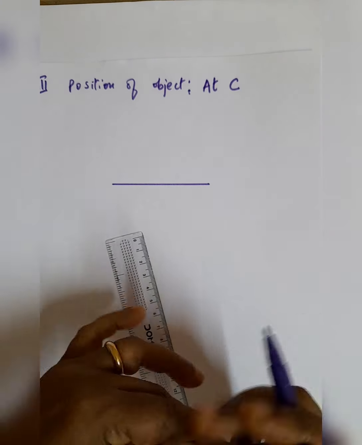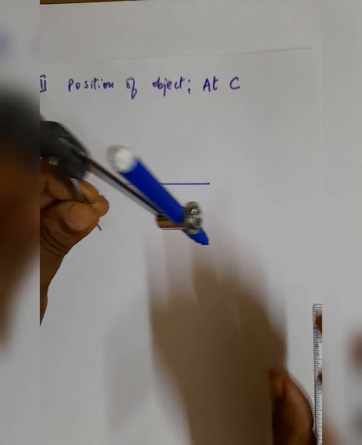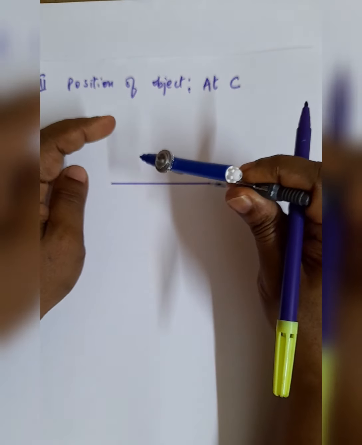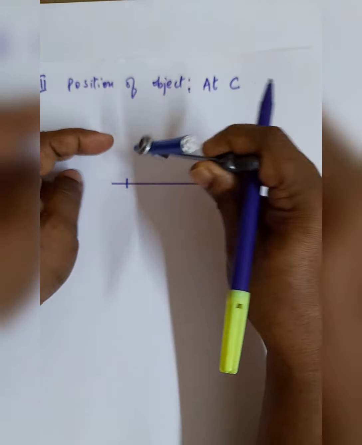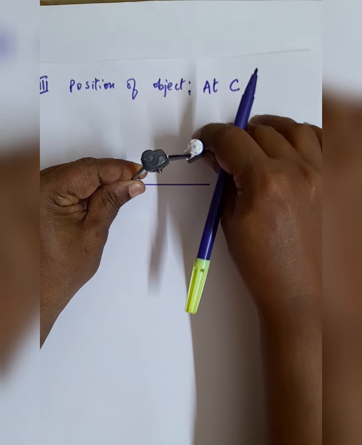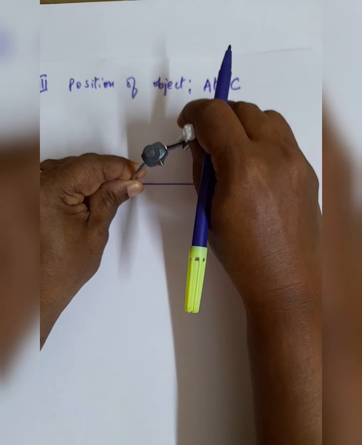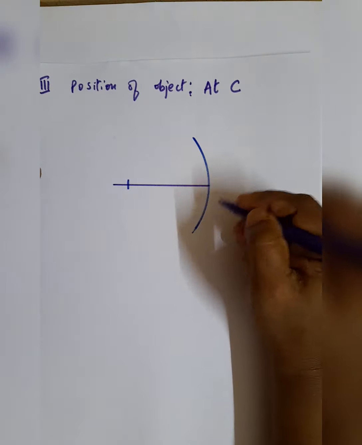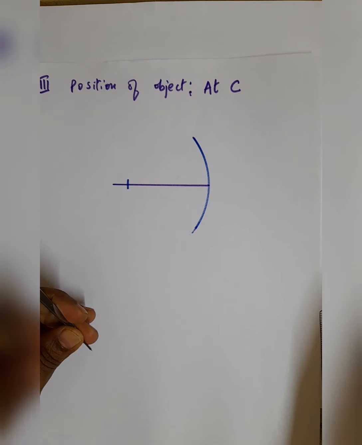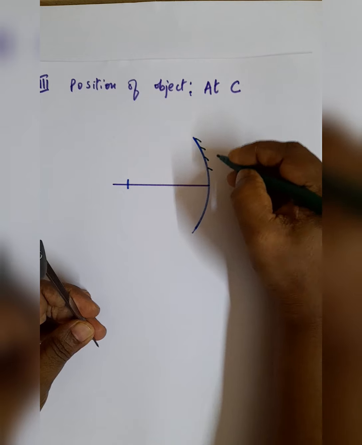I take 6 centimeters. If you're taking 6, take always 6, otherwise you'll get confused. You may take 5 also, you may take 4 also. Draw the mirror, the concave mirror. The inner side is reflecting and therefore I shade the outer side.